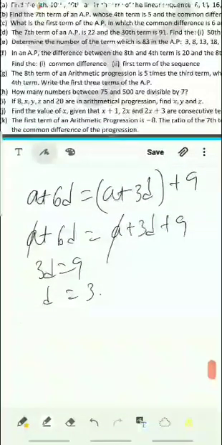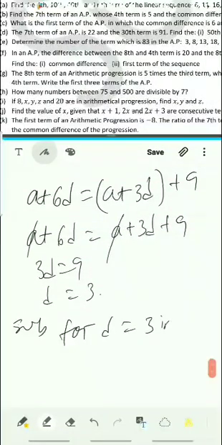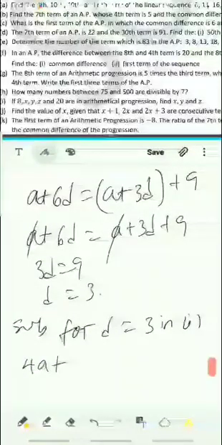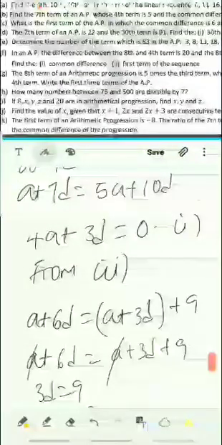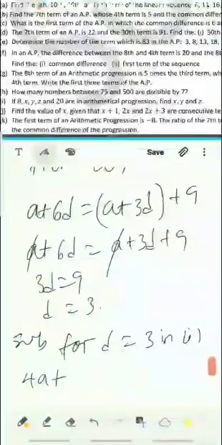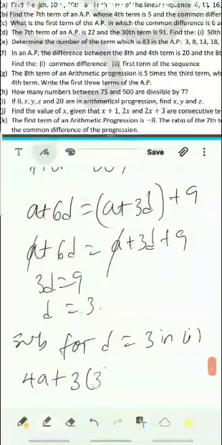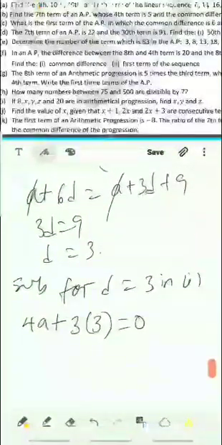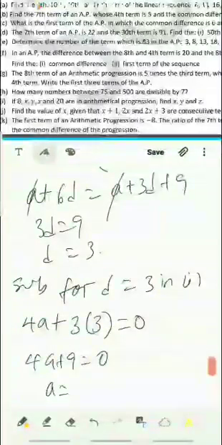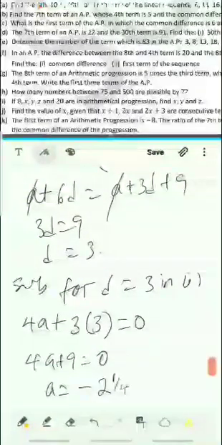Now, if D is equal to 3, substitute D equals 3 in equation 1. We wrote this equation here: 4A plus 3D equals 0. So 4A plus 9 equals 0. So it means A is equal to negative 2 number 1 over 4.